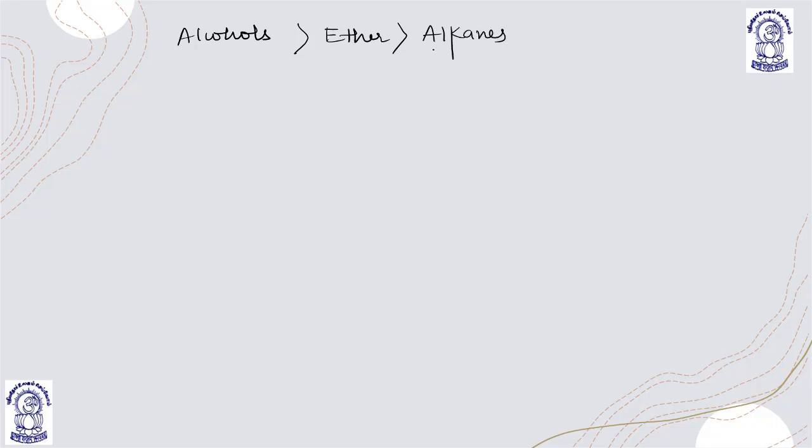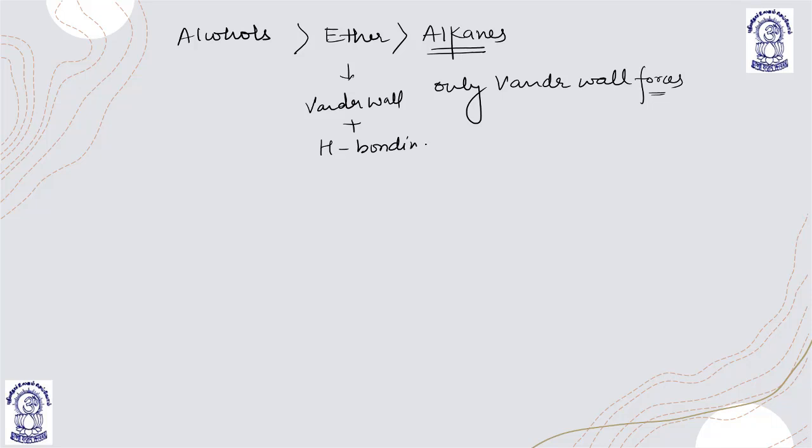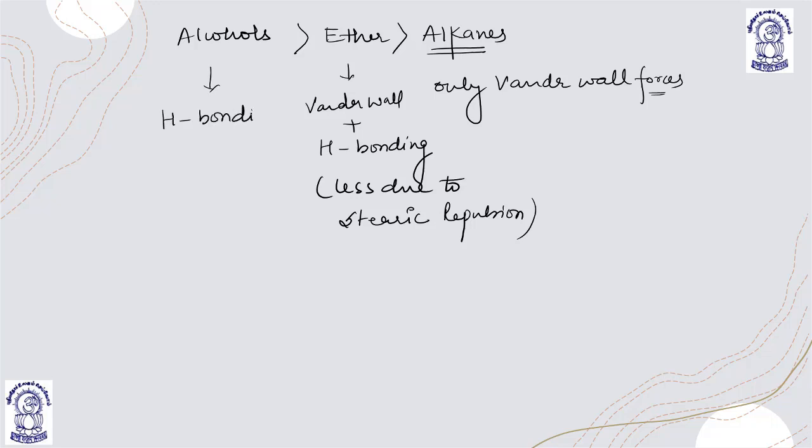As you know, alkanes, hydrocarbons, have only van der Waals forces, while ethers have van der Waals plus hydrogen bonding. The tendency to make hydrogen bonding is less because of steric hindrance, due to steric repulsion. While in case of alcohols, H bonding is more dominant.